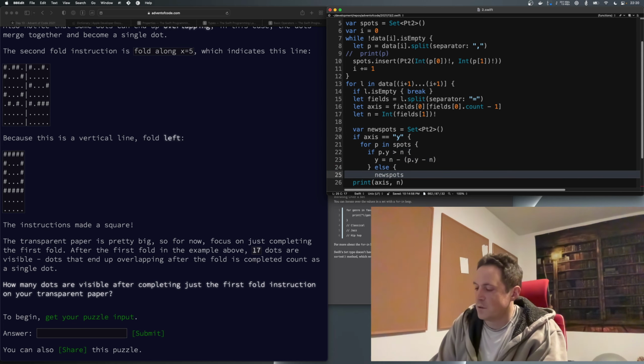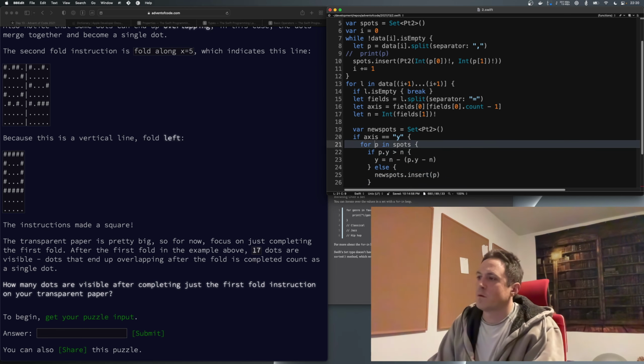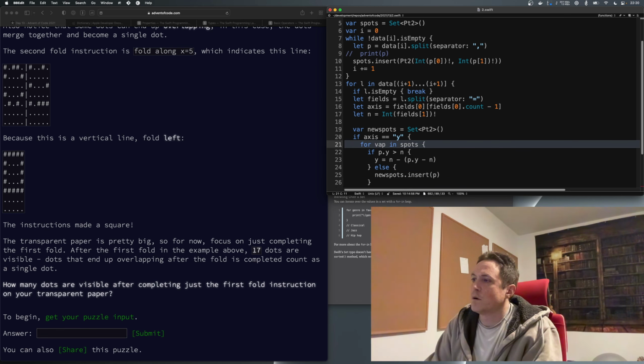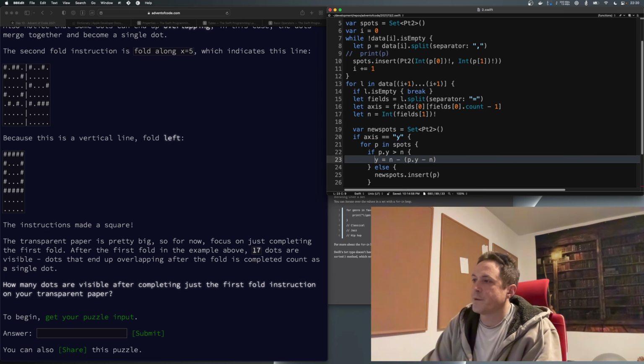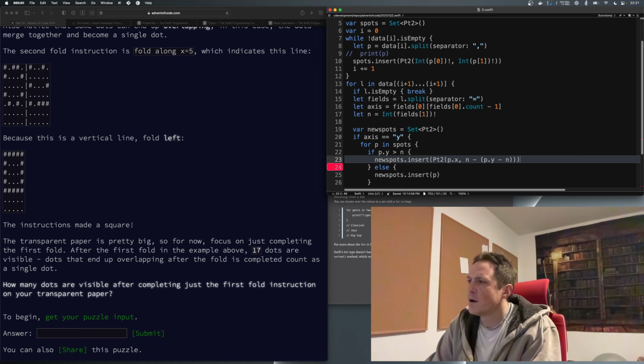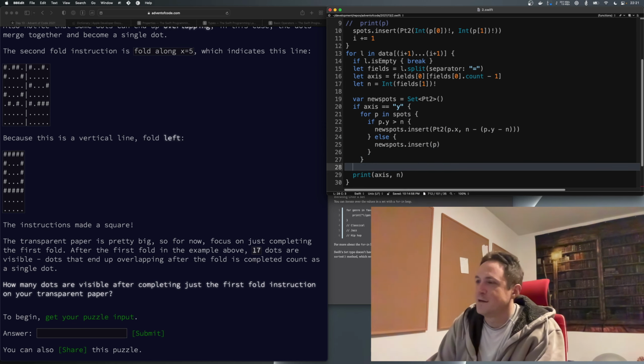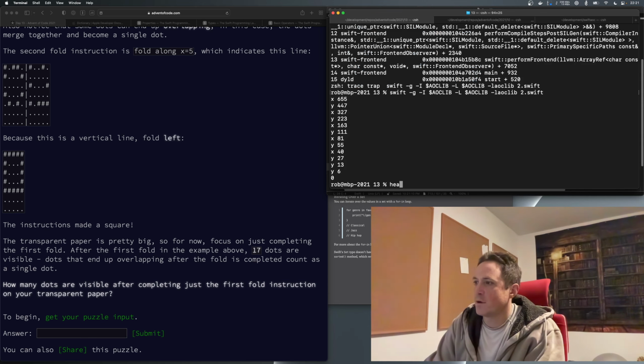Else. I'm not super confident that's the right math, actually, so I need to think that through again. But let's actually see whether.